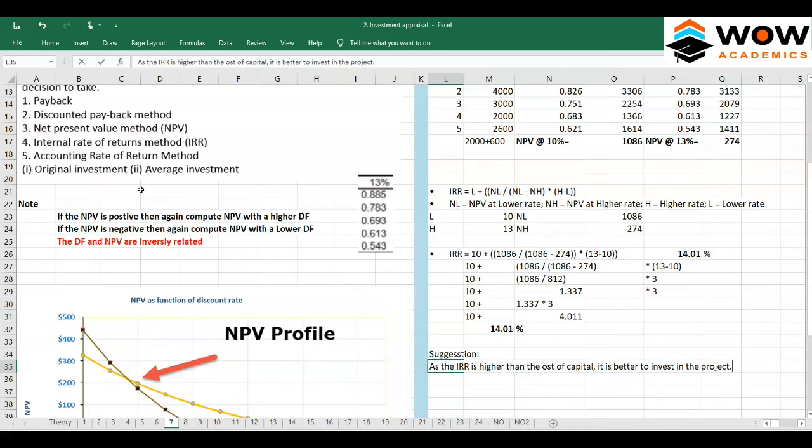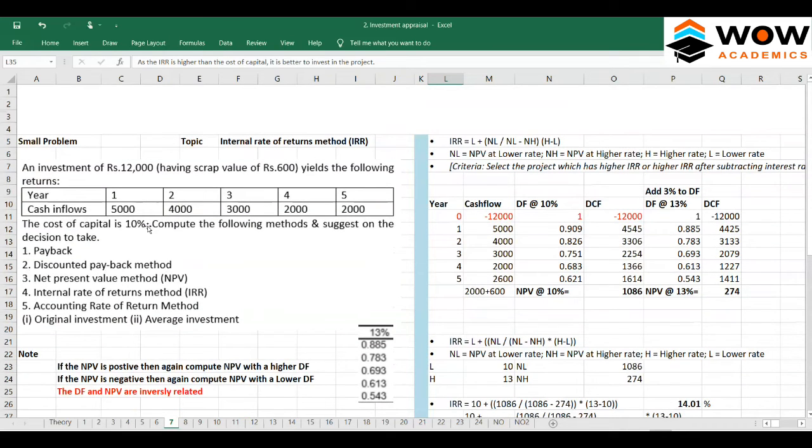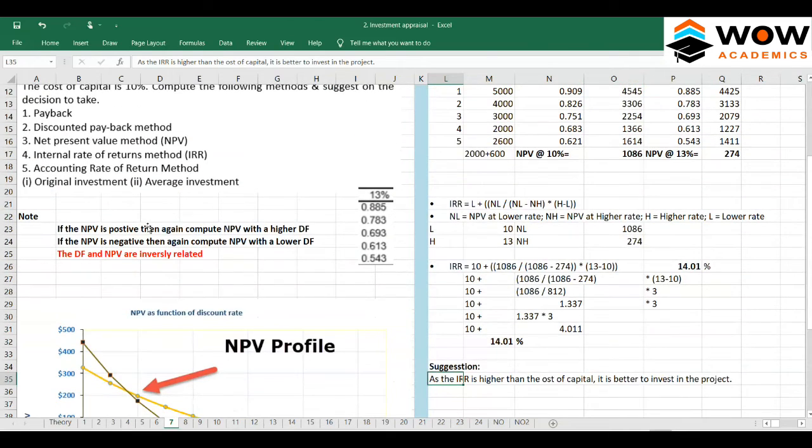This is again an important point. As the IRR is 14%, it is higher than the cost of capital, which is 10%. It is better to invest in this project.